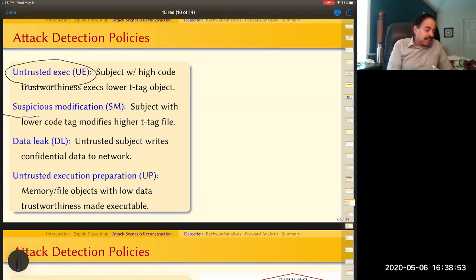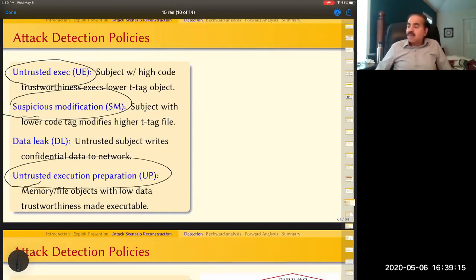Another example is what is called suspicious modification, where a benign file on the system is being overwritten by something that's coming from an untrusted site, and that could be an indication of an attack. Another thing that we commonly see is when some file is downloaded and it's made executable, then that's again a potential sign of an attack, and that also will cause alarms to go off in our system.